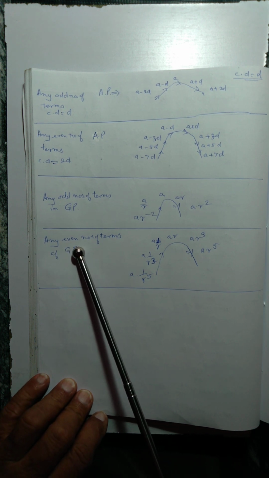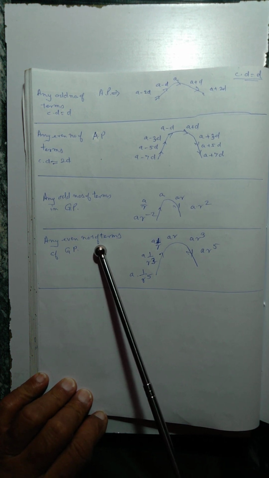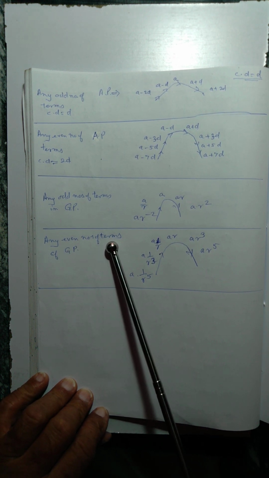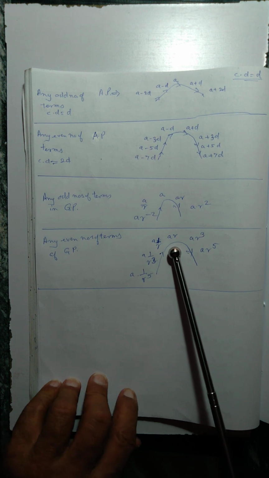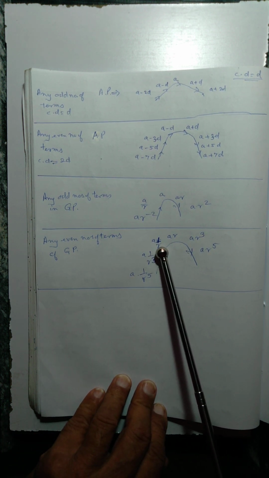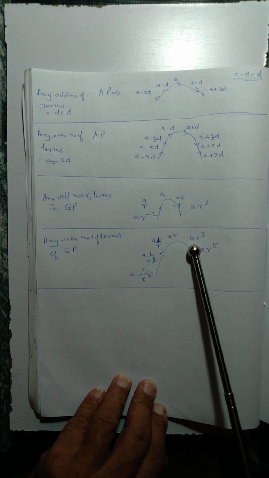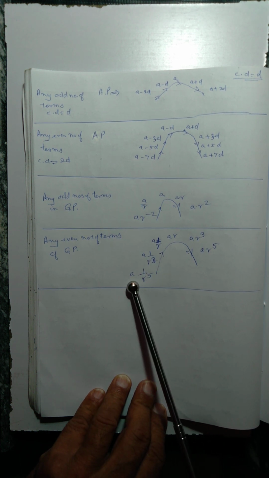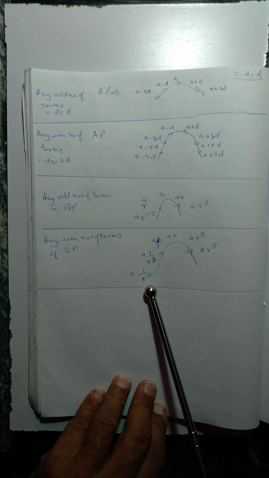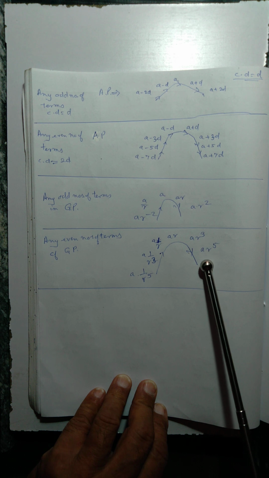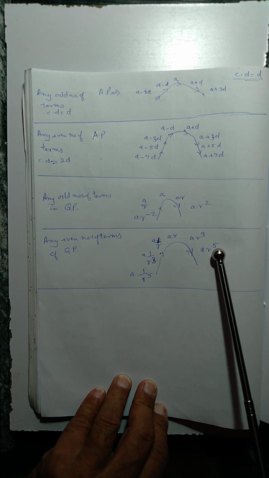If the number of terms in the geometric progression is even, at that time we will take it like this: a into 1 upon r, ar, a into 1 upon r cubed, a into 1 upon r to the power 5, and ar cubed, ar to the power 5.